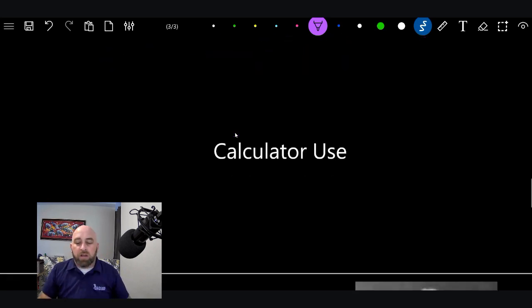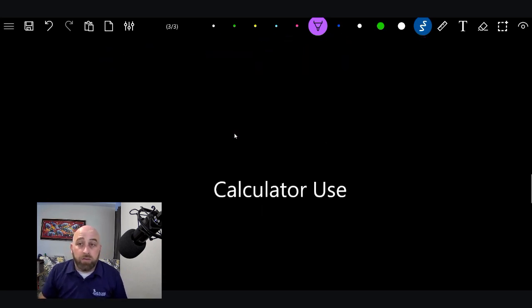All right, I want to talk to you just a little bit about calculator use. There are hundreds of calculators that you can use. Now, a little tiny basic calculator is not going to work for this. You need to get a scientific type calculator, a calculator that is built for these types of calculations.